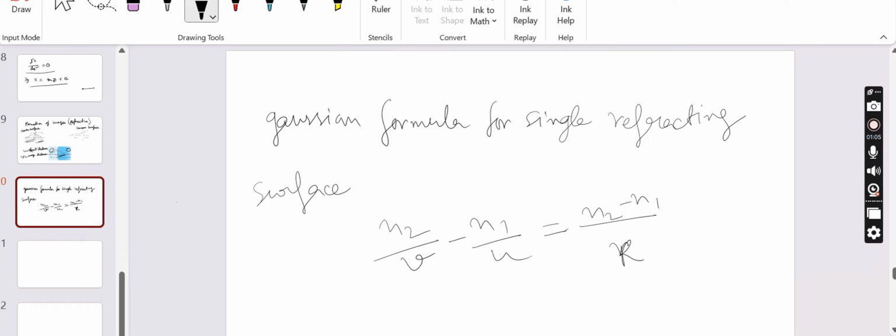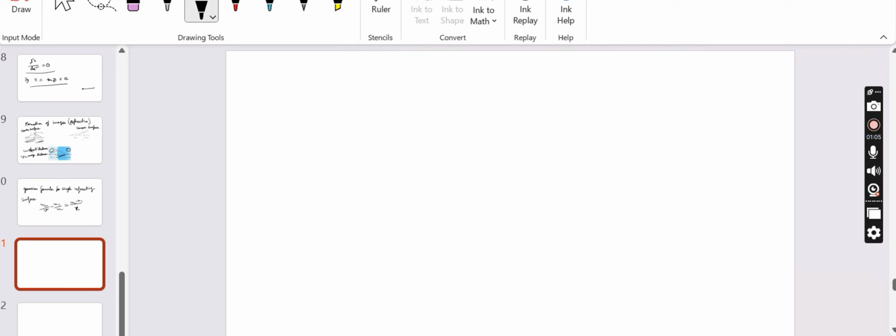And remember here the sign convention has already been taken care of. So put the u. You don't need to put the minus sign here. So put directly the u and you will be okay.